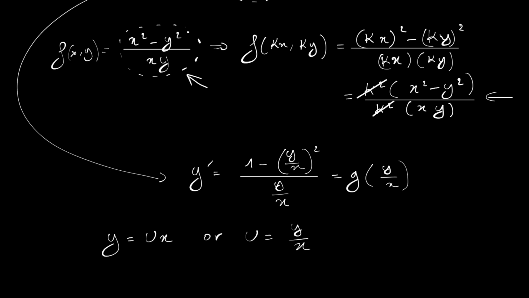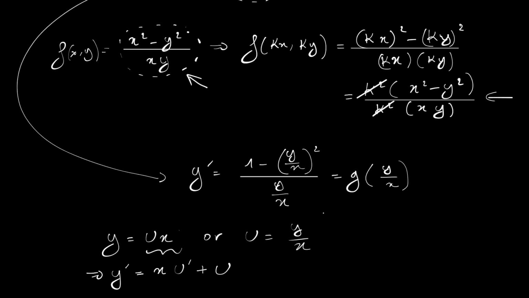If we assume y is the product, then its derivative, y prime, must follow the product rule, and we obtain x times u prime plus u.